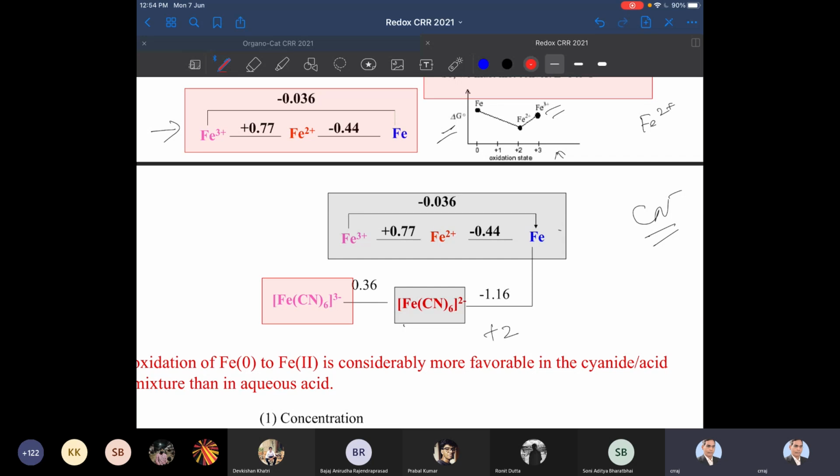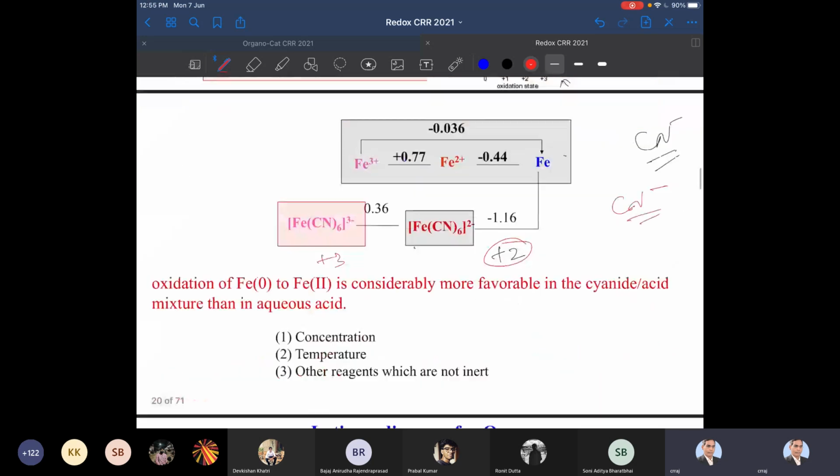Now look at the reduction potential, that is completely different. Why does it happen? Though here you have the +3 oxidation state and here a +2 oxidation state, what is happening is that the potential completely changed. Why does it change? Because of the complexation. CN minus complexation modulates the reduction potential. So what are the common factors?